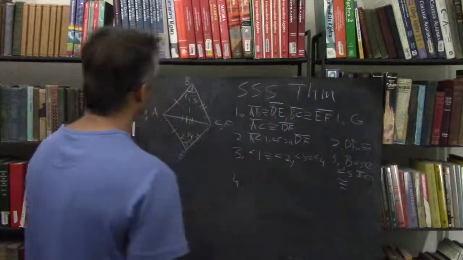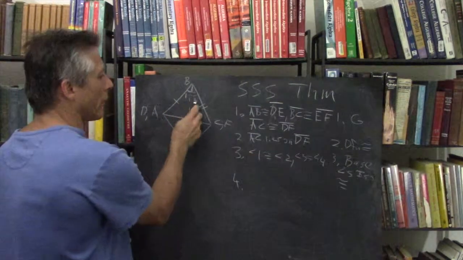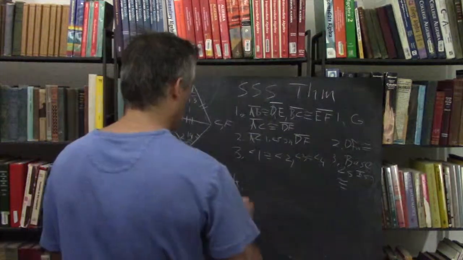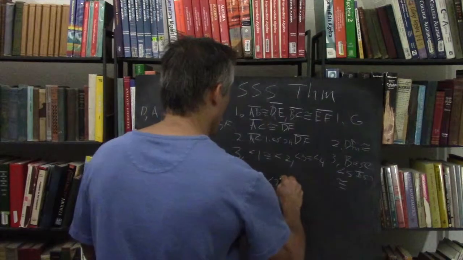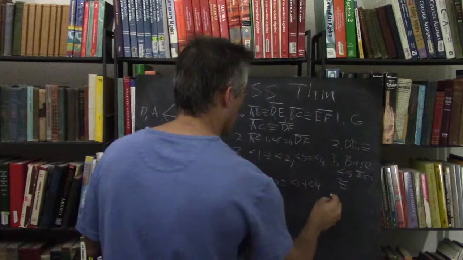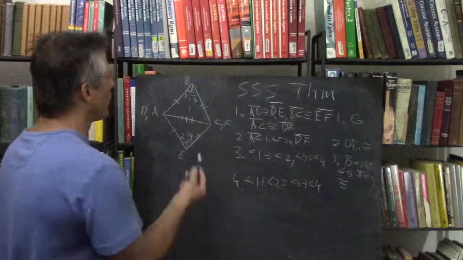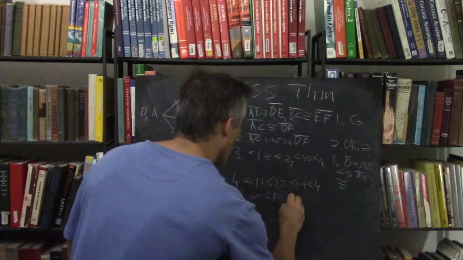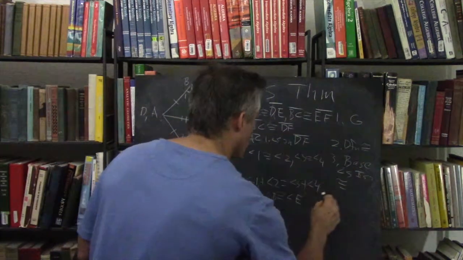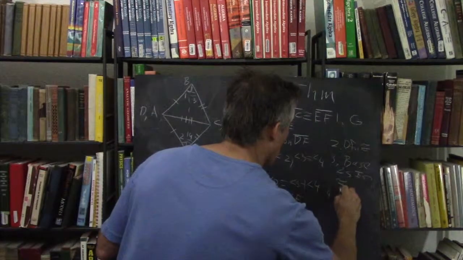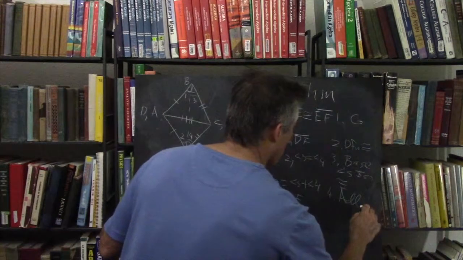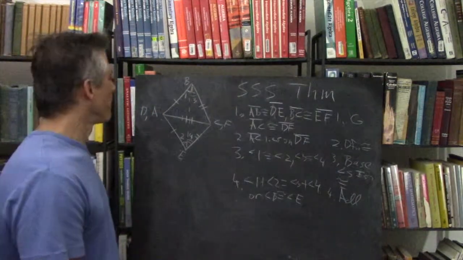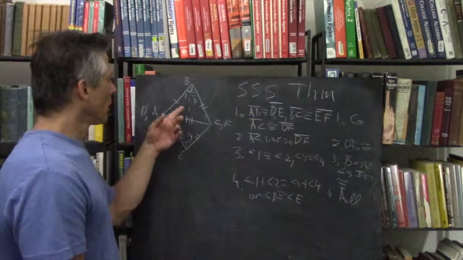But we know 1 plus 3 equals 2 plus 4. That's just by addition, but that means angle B equals angle E. Kind of the angle addition postulate. Remember that? You were good at picking that out. So those are the same.